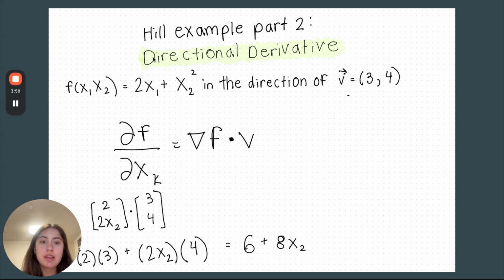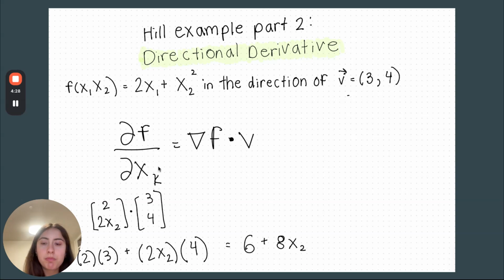We'll define the direction vector v as (3, 4), and we will continue using the same function that we used to find the gradient. We already found the gradient of f, so now we need to multiply it by our direction vector, which again is (3, 4).